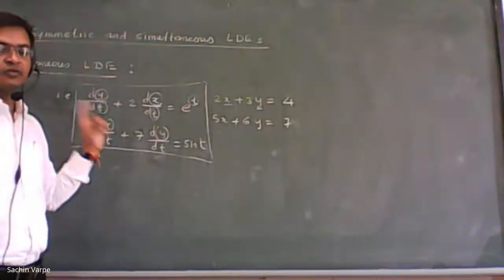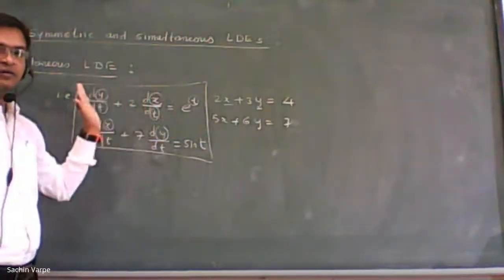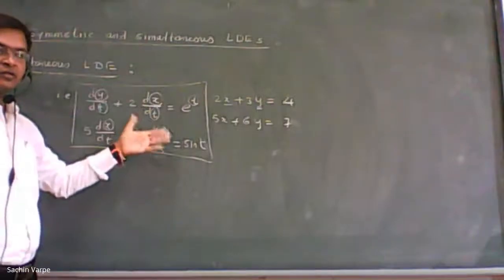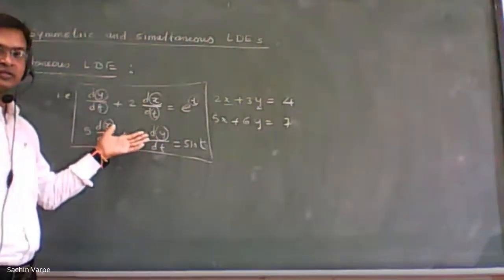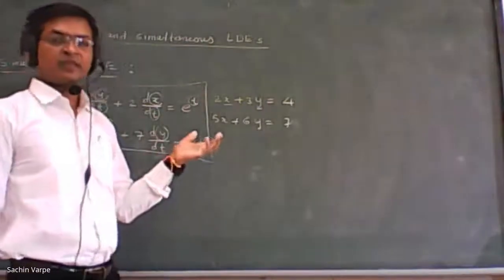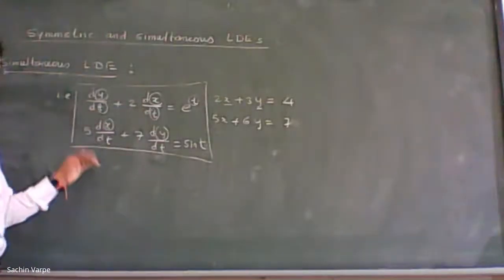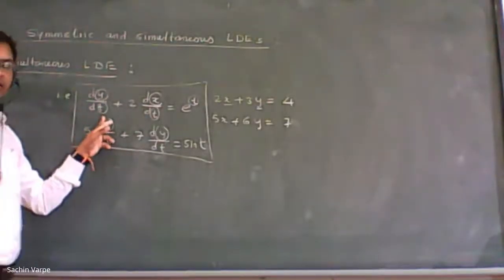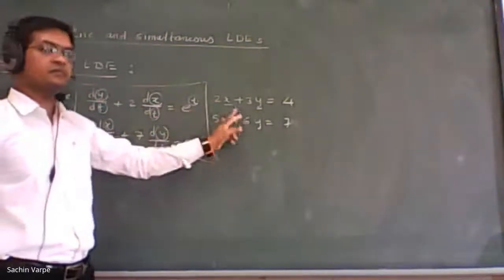So if we have only one independent variable and two or more dependent variables, then such equations are called simultaneous linear differential equations, and their solutions are nothing but the values of the dependent variables, remember.